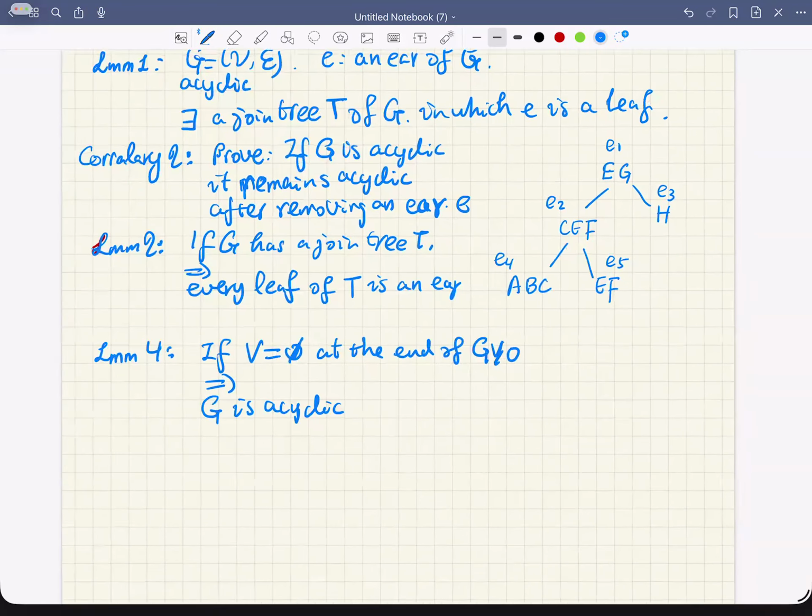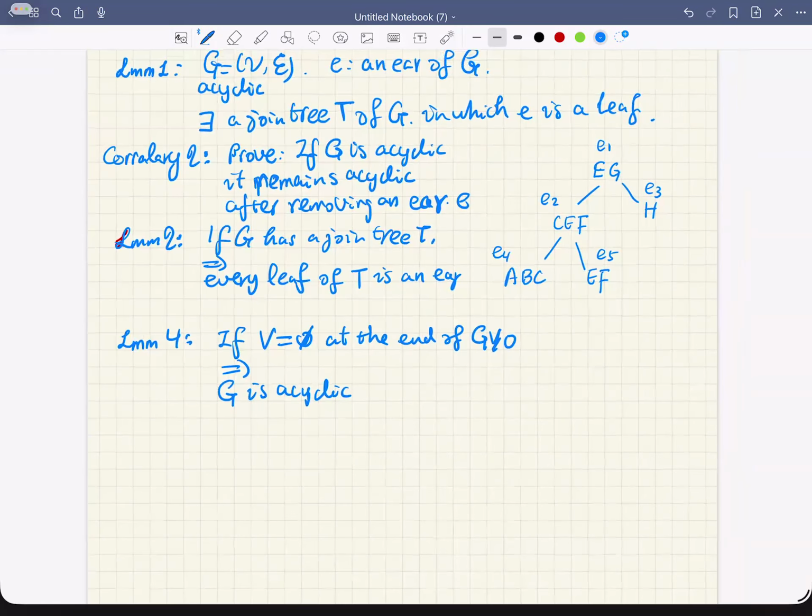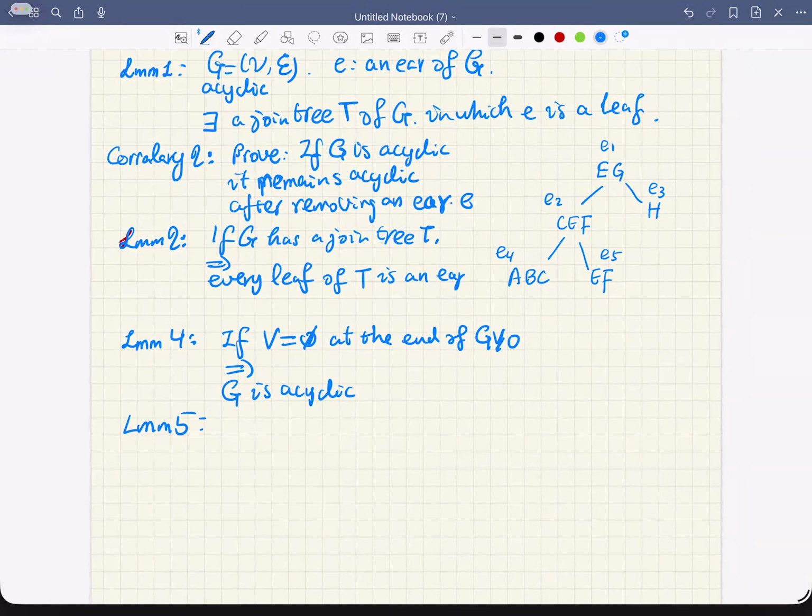So this is one direction, right? There's another direction saying G is acyclic, and then you definitely have that this V will be empty at the end of GYO.